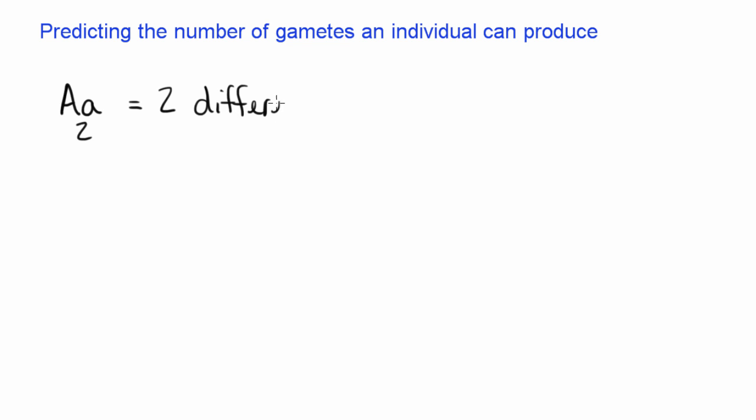Now, obviously, that's a very simple example, but it is important because we take the same concept and we apply it when we're looking at something much bigger. So if we have something, for example, like this. This individual, if we wanted to predict how many gametes this one is going to make, if we use the rule of independent assortment, that means that what happens with the A gene is not going to affect what happens with the B gene.